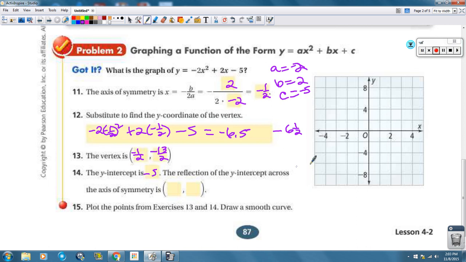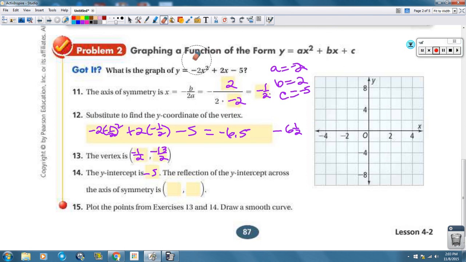The reflection across the axis of symmetry. Oh, they're having us plot all the points that we did. Okay, so our y-intercept is negative 5, and negative 1/2 and negative 6.5. Whoops, that's not in the right spot.